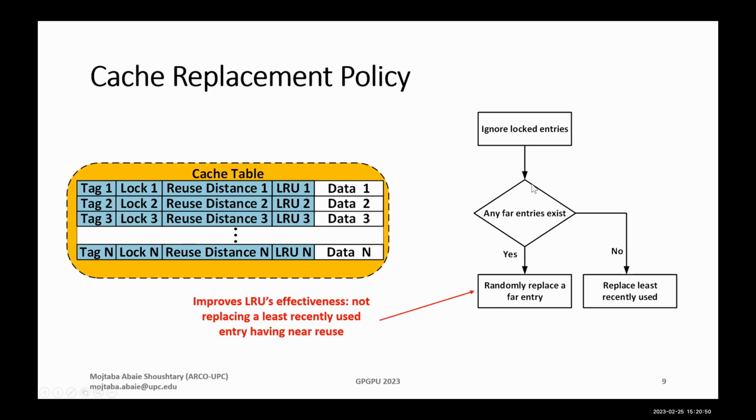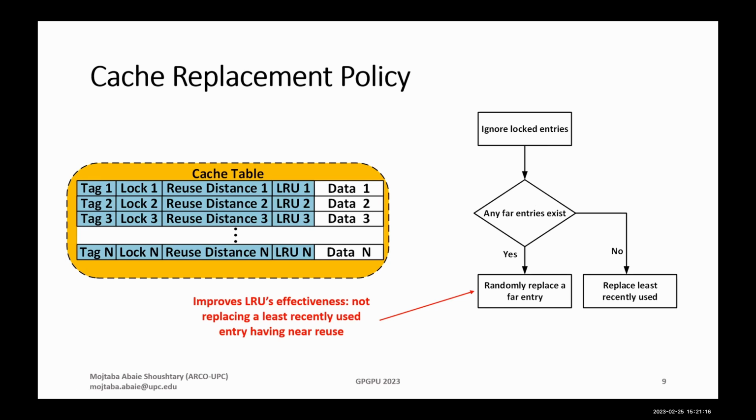So the policy has changed a little bit compared to a traditional LRU. First, as I mentioned, we ignore the lock bit, the lock entries to make sure the values will not be corrupted before dispatching. Then we randomly replace the far entries.